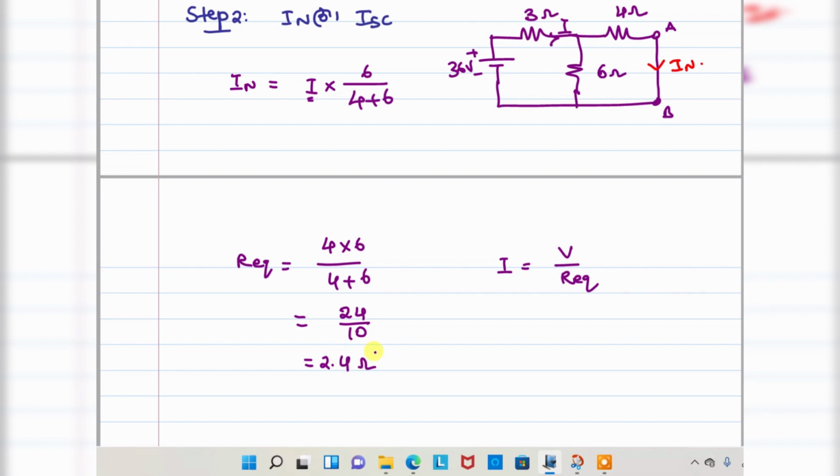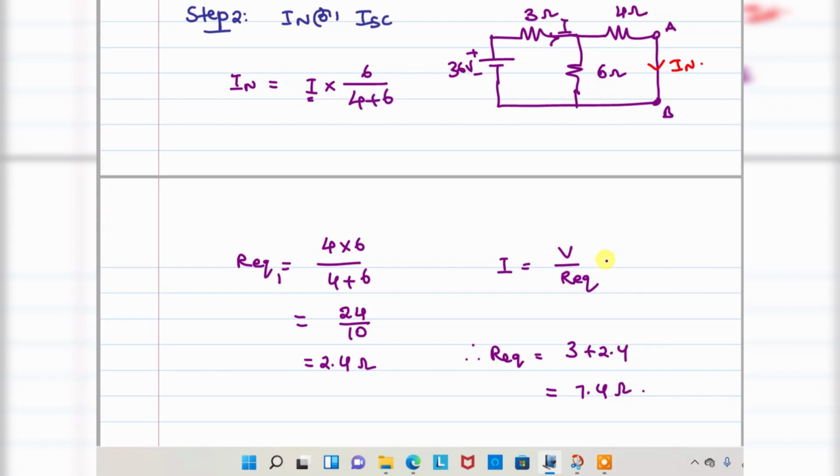Okay, so that 2.4 ohms is in series with the 3 ohms. Therefore the final R equivalent is equal to 3 plus 2.4, that will be equivalent to 5.4 ohms.